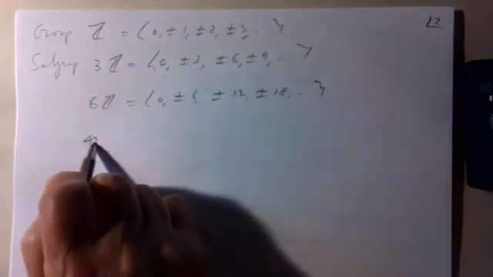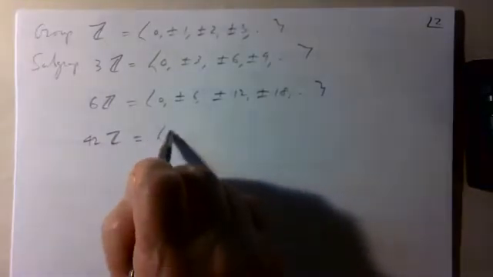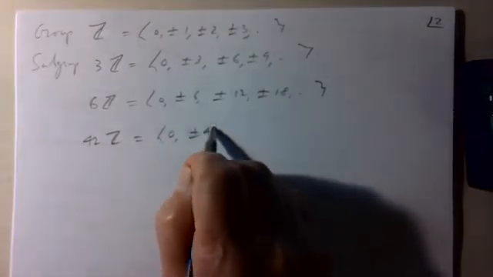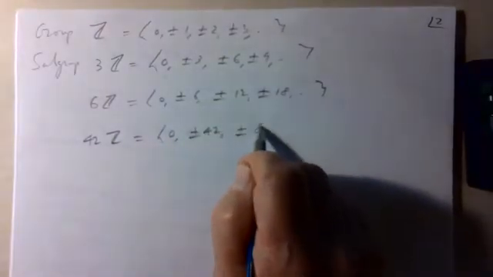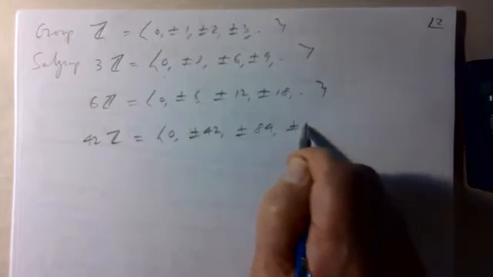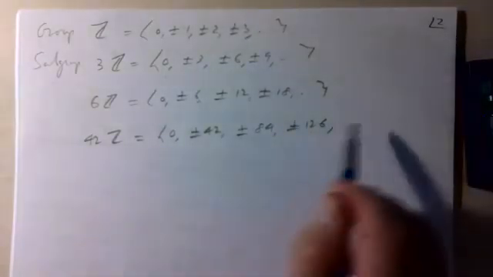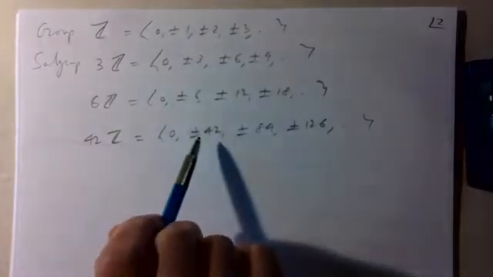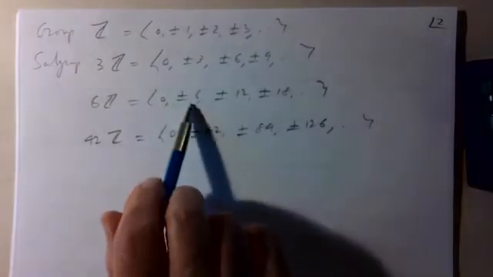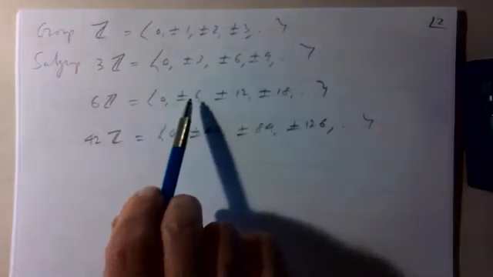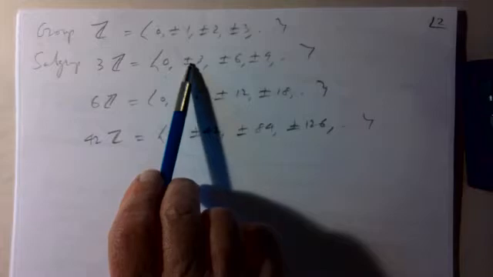What about 42Z? That's 0 plus or minus 42 plus or minus 84 plus or minus 126 and so forth. This is all the multiples of 42. Every multiple of 42 is a multiple of 6. Every multiple of 6 is a multiple of 3.